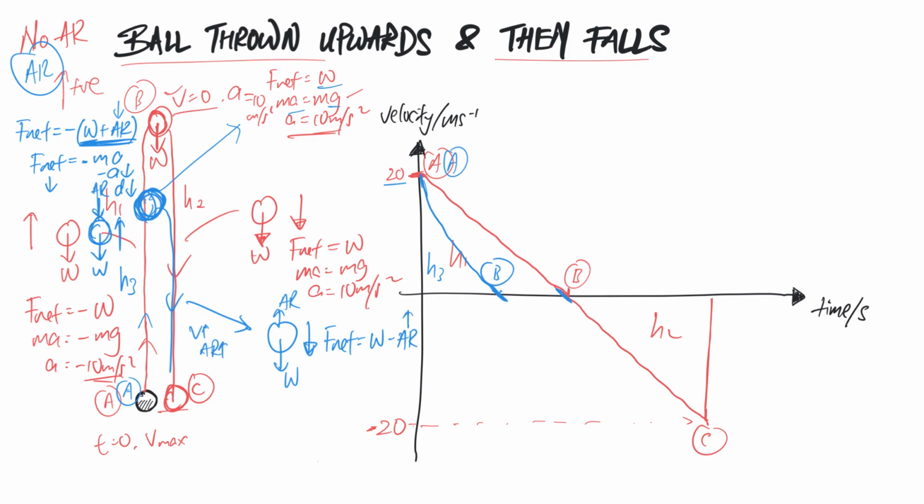If your air resistance is greater, your weight being constant, weight minus air resistance is going to make the net force, which is equal to ma, getting smaller and smaller, and therefore your acceleration downwards will be decreasing. So how do you draw that on the graph? From the highest point, you will just draw a decreasing gradient, getting less and less steep, and when it reaches your hand, it will come to a complete stop. That will correspond to your point C over here.